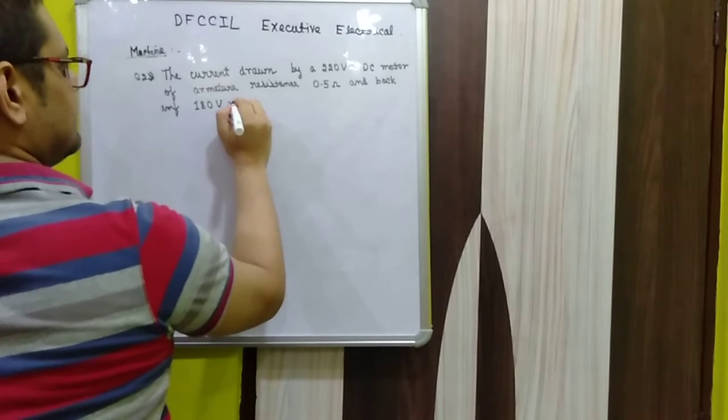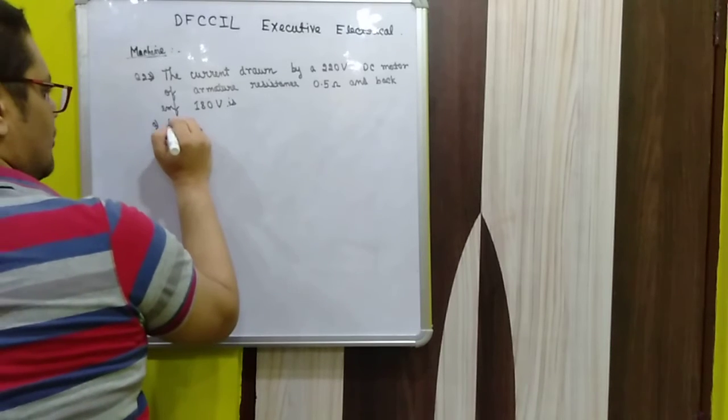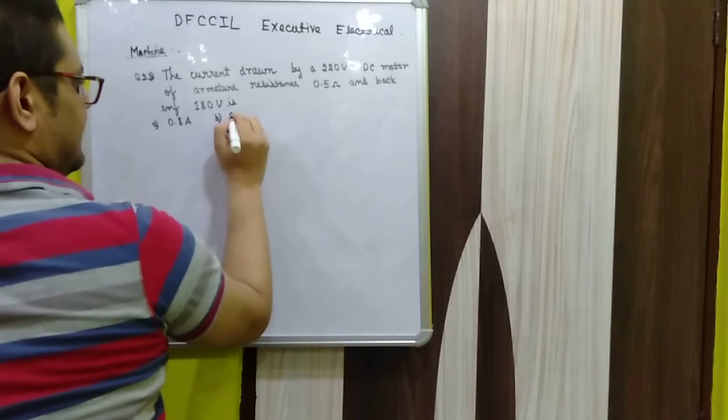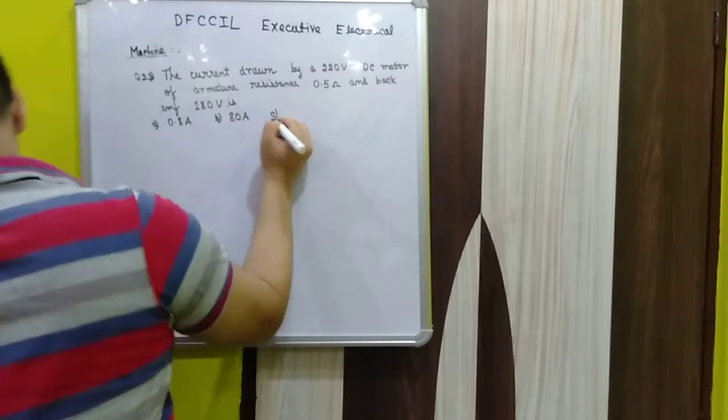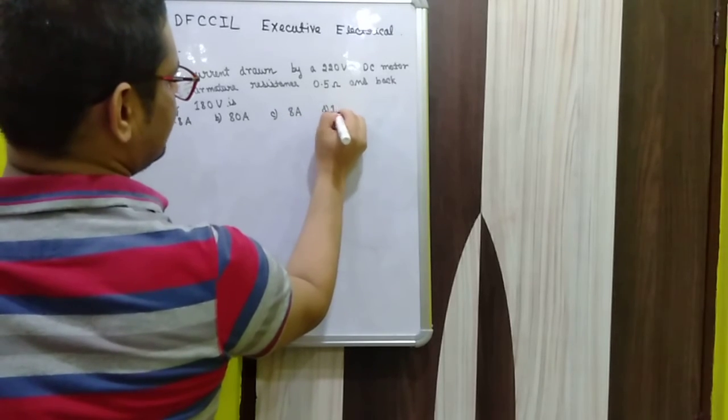The four options are given: option A is 0.8 ampere, option B is 80 ampere, option C is 8 ampere, option D is 18 ampere.